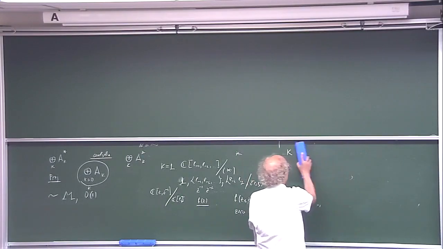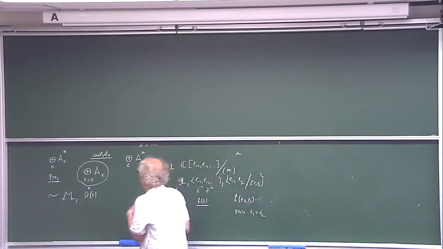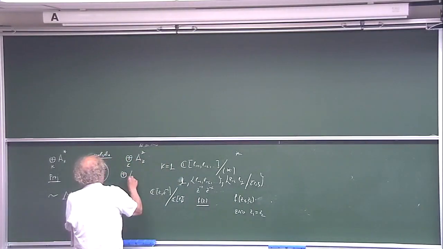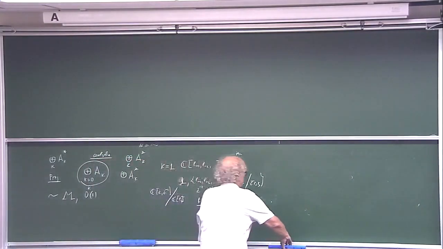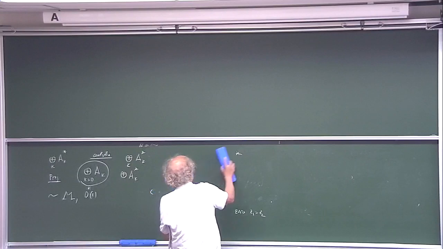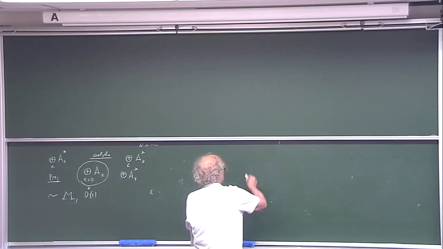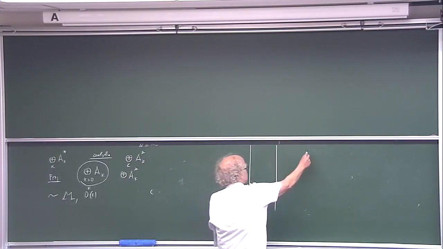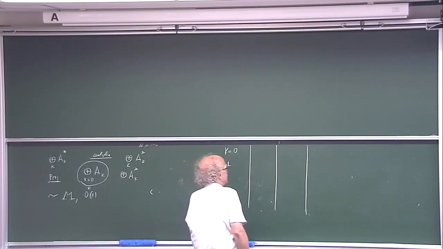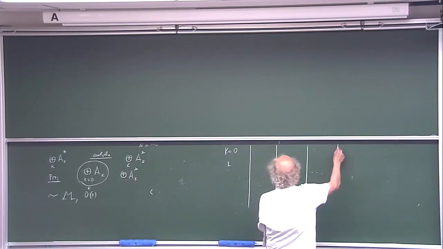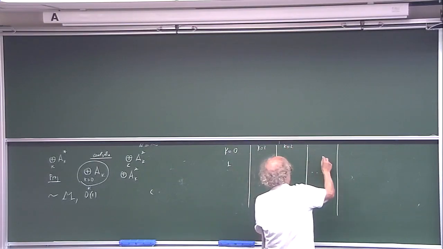Now, using this, we can describe the algebra, which is the sum of a k star. Let me write what this is. For degree 0, we have 1, and then for k equals 1, 2, and so on.